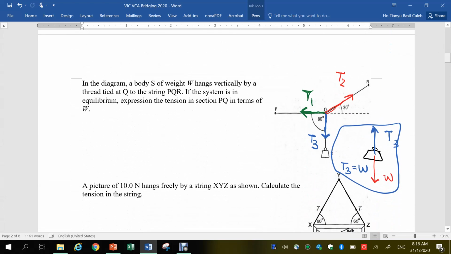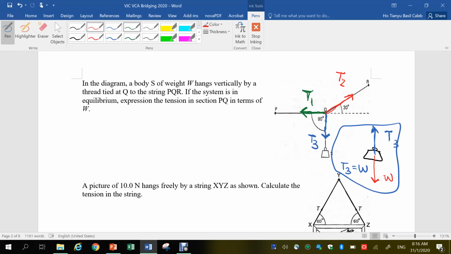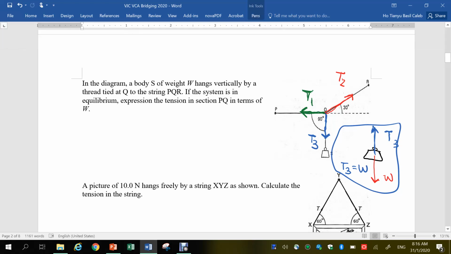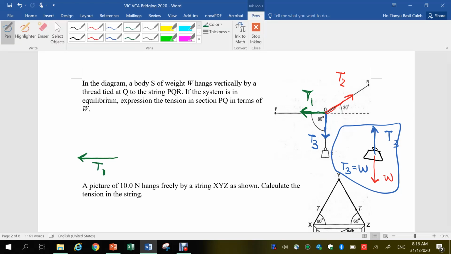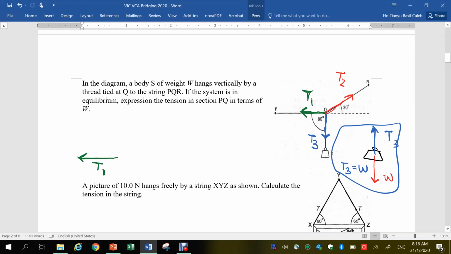Step 2, you should rearrange it into a closed triangle. So let's do it now. Let's do step 2, rearrange it in a closed triangle. And later on, we shall then map it up. All right. So here we have T1. Then we have T2. Remember, it should be a closed triangle.